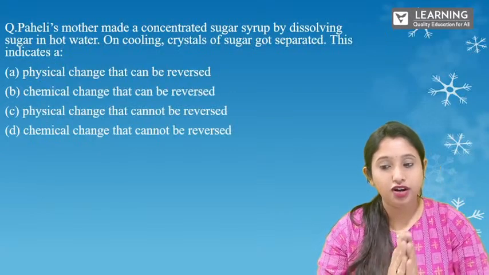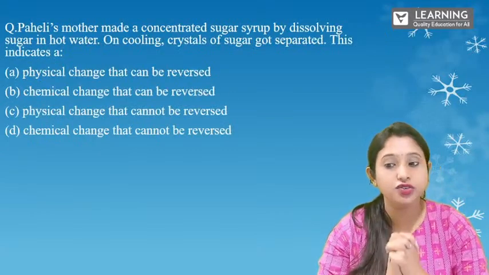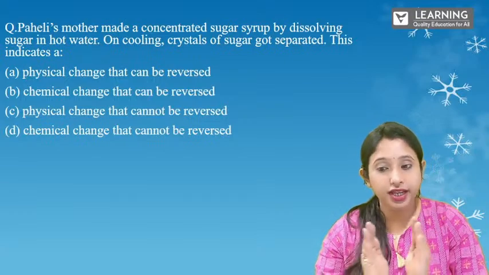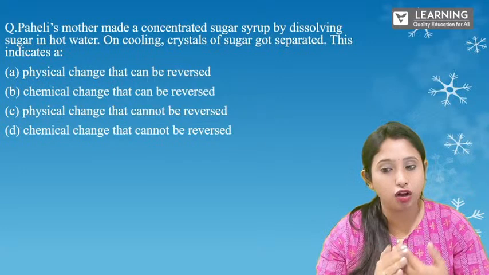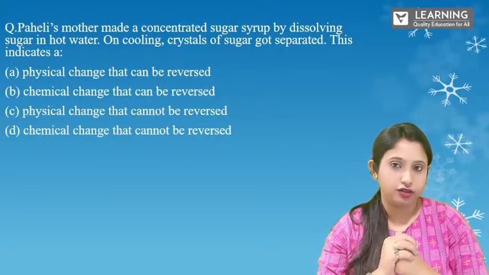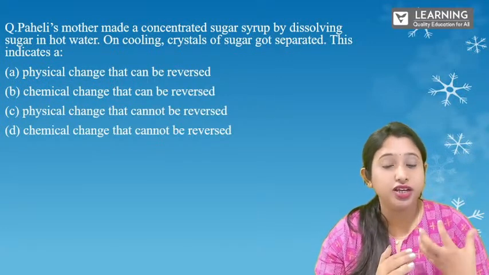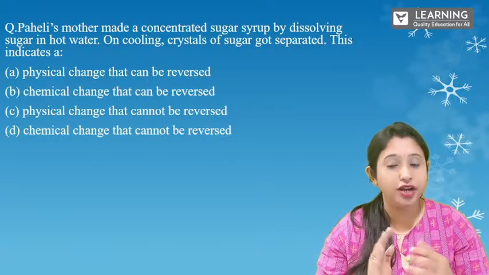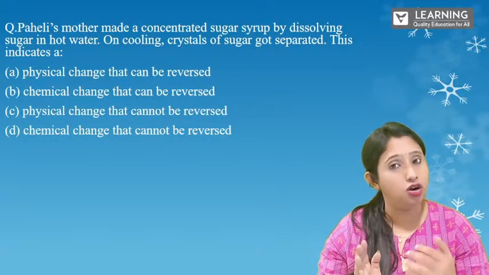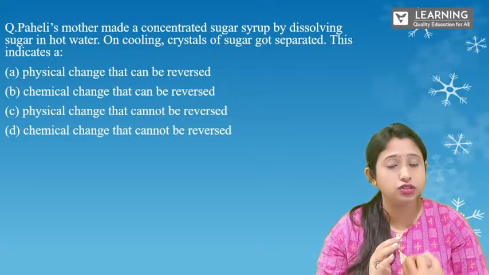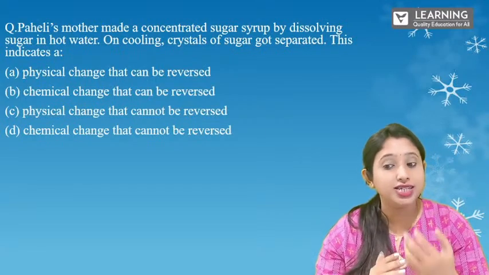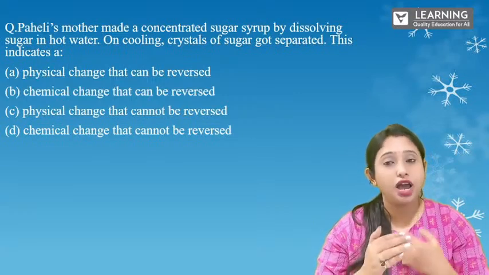Next is a question which says that Paheli's mother made a concentrated sugar syrup by dissolving sugar in hot water. Okay, what did she do? She made a concentrated sugar syrup by dissolving the sugar in hot water. Alright. On cooling, crystals of sugar got separated. This indicates which type of change?